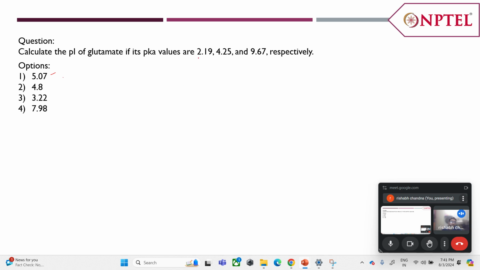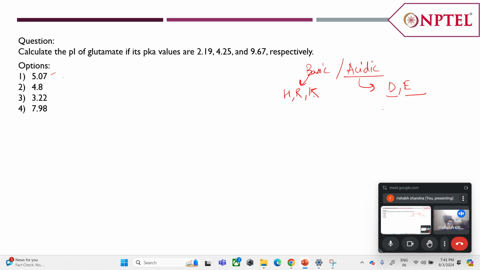In these kinds of questions, there is a trick rather than a concept. Whenever three pKs are given for any amino acid, be it basic or acidic: the basic amino acids are histidine, arginine, and lysine, and the acidic amino acids are only two, D and E, aspartic acid and glutamic acid.